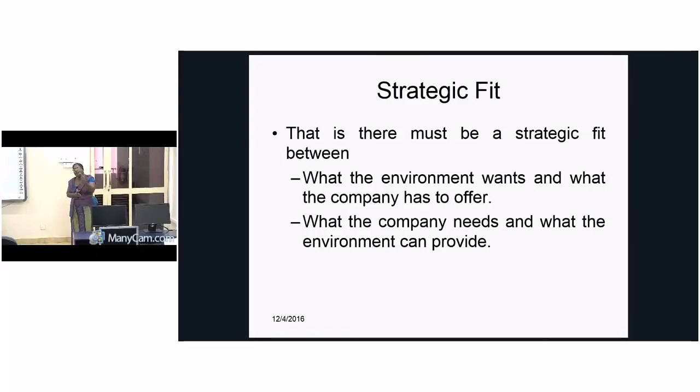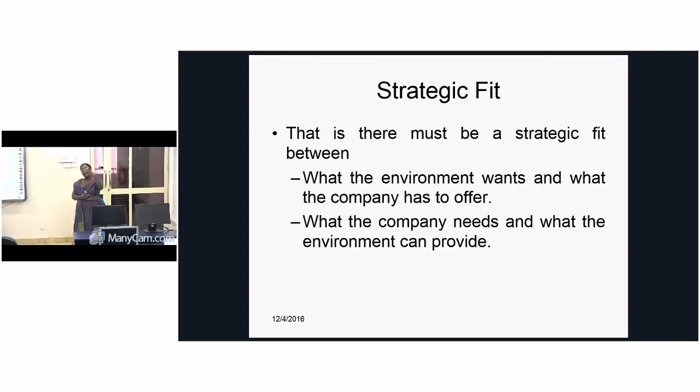So the environment asks us for different things. We offer these things to the environment. Again, the opposite of that, the company requires different things from the environment and the environment offers these things to the company. So a two-way relationship is there between the environment and the company. So strategic fit is fulfilling these requirements of both parties together and having a good fit between these two parties.